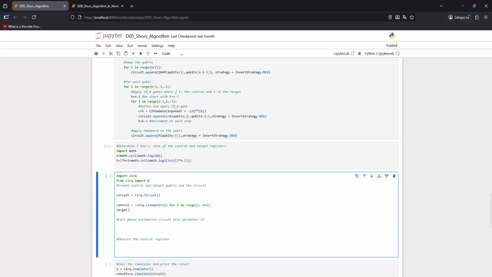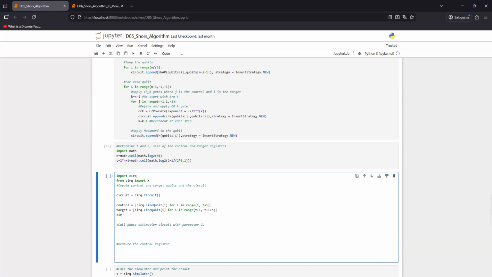And our target register, so you can see it, LineQubit of i, and range. Here I don't want to make the same mistake that I made yesterday. So I set a proper beginning of this range plus n.